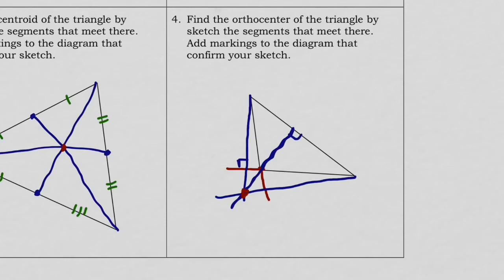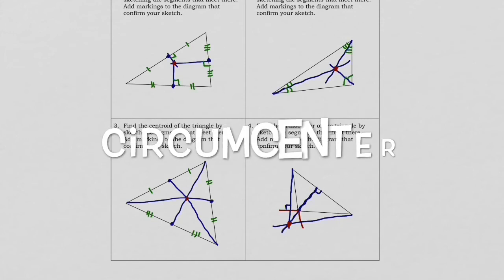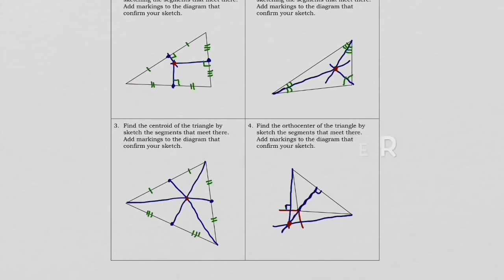And right there is the orthocenter. So we've drawn sketches for the 4 centers of a triangle: the circumcenter, the incenter, the centroid, and the orthocenter.